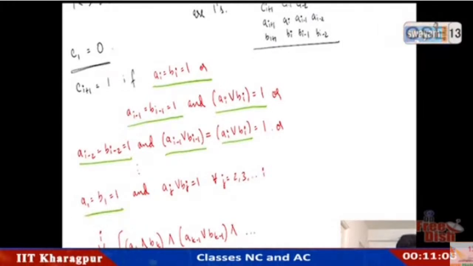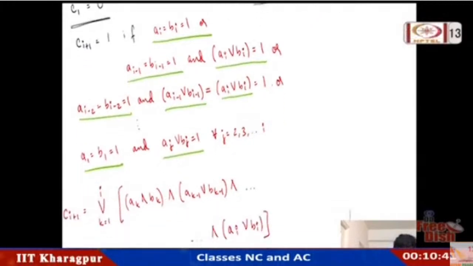And then for A2 and B2, at least one of them is a 1, A3 and B3, at least one of them is a 1, and so on till Ai and Bi. For all j equal to 2, 3, 4, 5 up to i, at least one of Aj and Bj is 1. So this is how the carries can occur. This is the only situation.